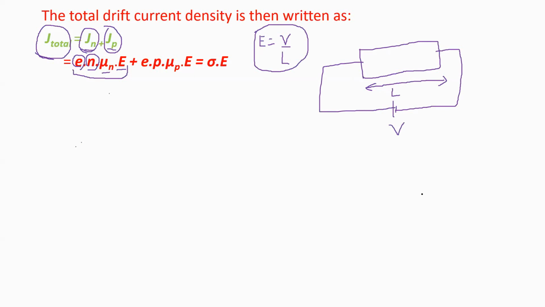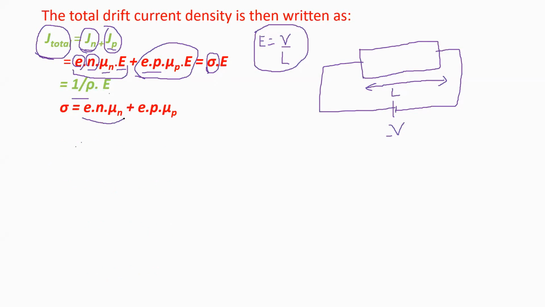Similarly, we have movement of holes in this sample, because in any sample both electrons and holes are involved. These terms we add together and we get sigma E. J is equal to sigma E, where sigma can be written as 1 by rho. Sigma is basically conductivity and 1 by rho is resistivity.